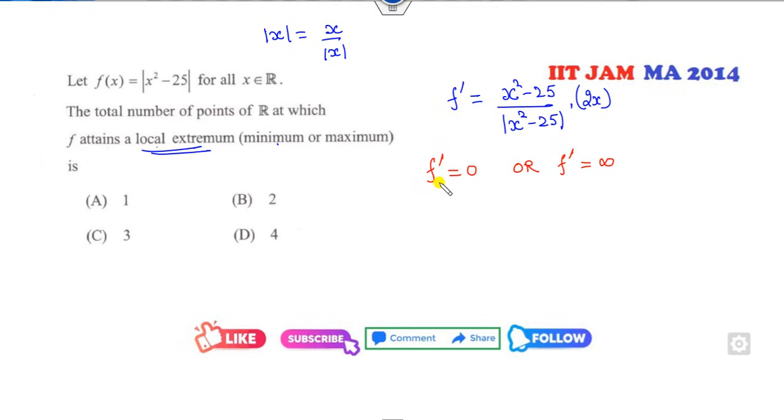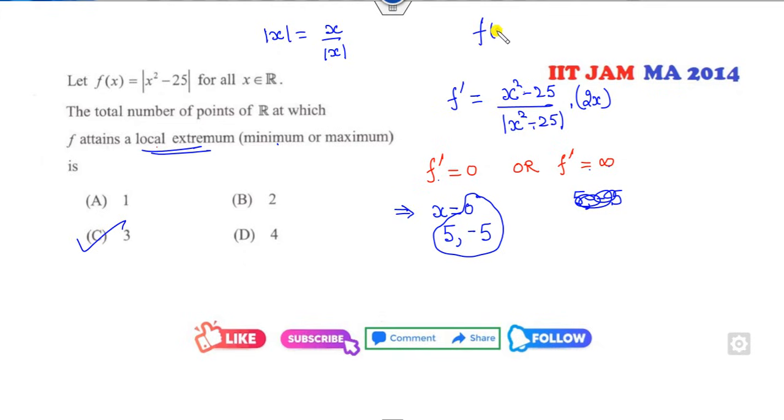For what values of x should f dash be 0? 0, 5, minus 5. When will it be infinity? When x is 5, minus 5. So how many total points are there? Or you can say this value is either plus 1 or minus 1, so there is no point here. So the number of critical points is 3, which is the right answer.